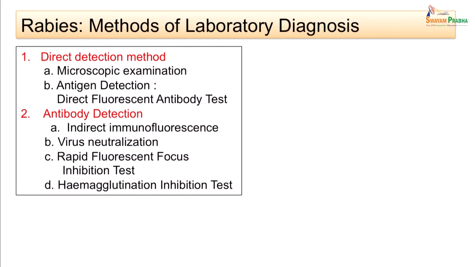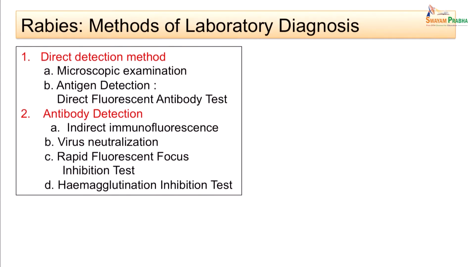Antibody detection can be done by various methods like indirect immunofluorescence, virus neutralization test, rapid fluorescent focus inhibition test, which is an in vitro neutralization test done using cell culture, and lastly the hemagglutination inhibition test.